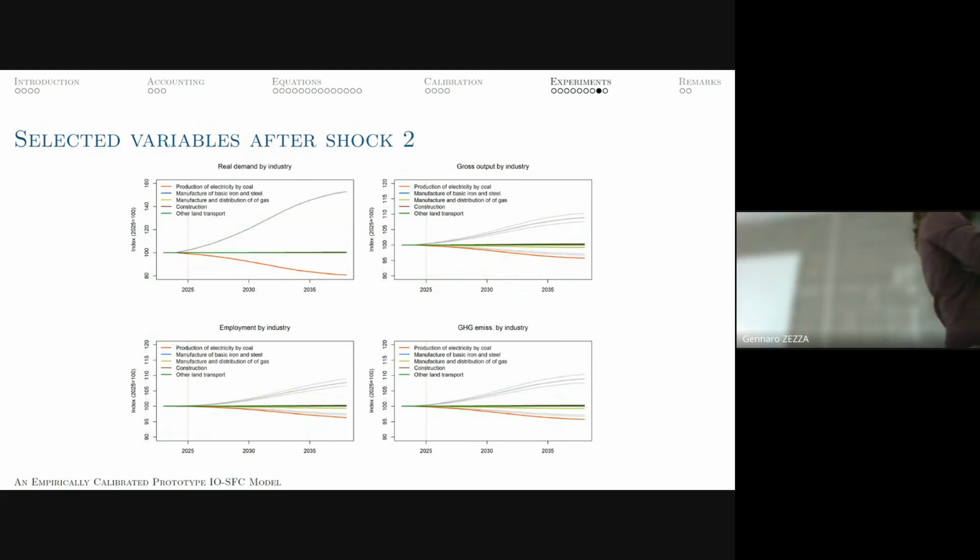But the interesting bit is that some of the industries which produce non-green energy are shrinking, and also emissions are shrinking in those industries. At the same time, the money spent in the industries which produce green energy doesn't make them produce more emissions.